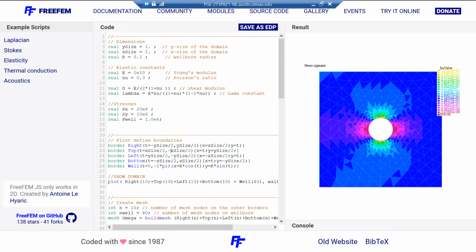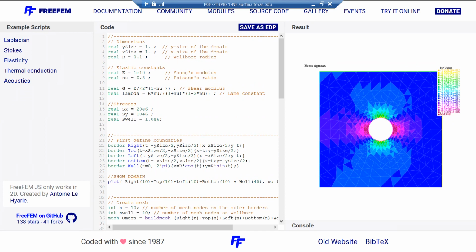So after we copy everything, should we just save it and then open it? Well, I just wrote it, and then just save it as EDP and that's it. And just save it in a known folder.